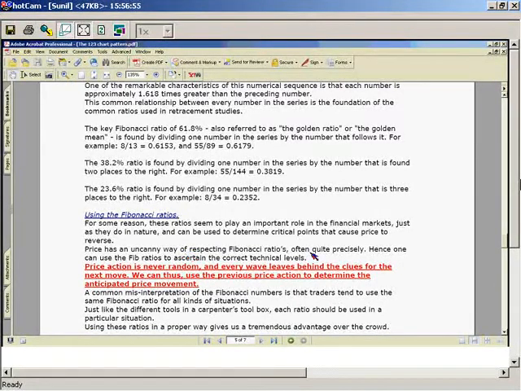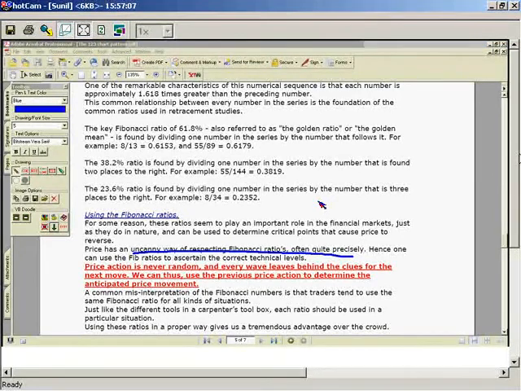Price has a very uncanny way of respecting these ratios very, very accurately. And if you know this fact, that price respects the Fib ratios very precisely, you can use this to your advantage. I am looking for an edge, obviously. So if I find something which price respects, I will use it to the maximum extent.